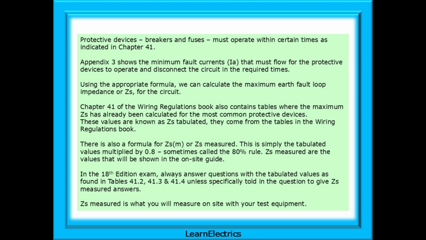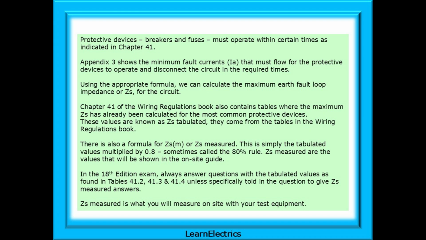Using the appropriate formula, we can calculate the maximum earth fault loop impedance, or ZS, for the circuit. Chapter 41 of the Wiring Regulations book also contains tables where the maximum ZS has already been calculated for the most common protective devices. These values are known as ZS tabulated. They come from the tables in the Wiring Regulations book.